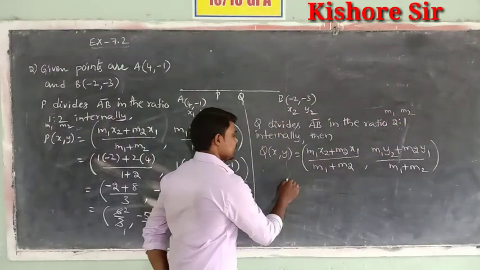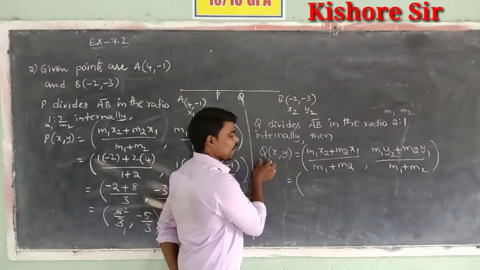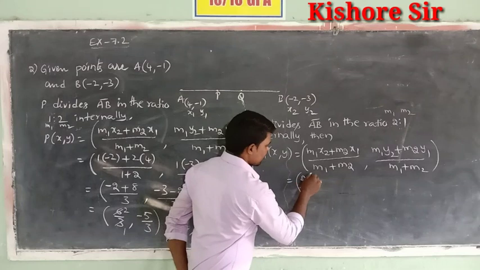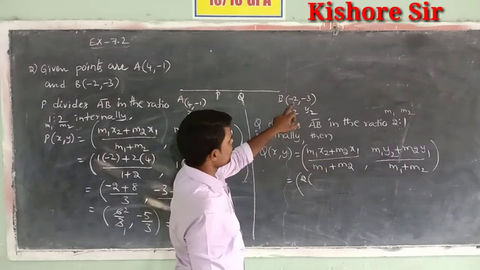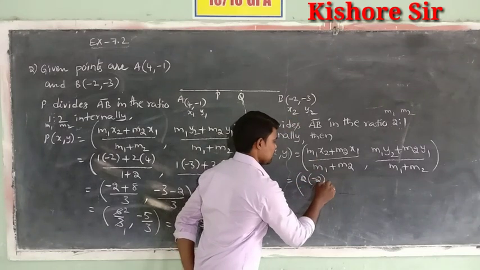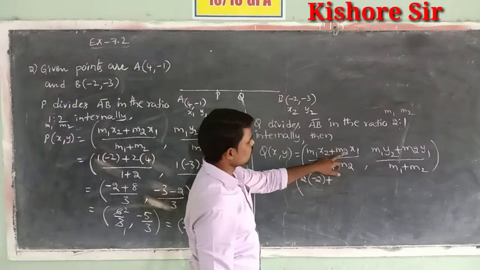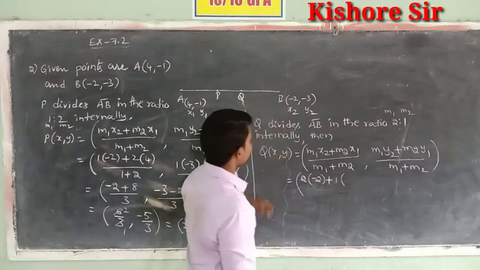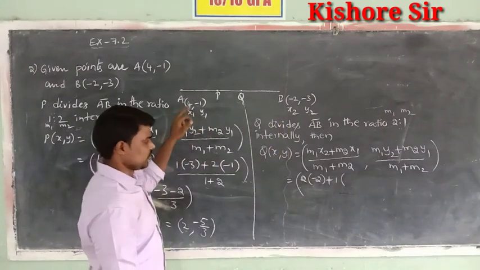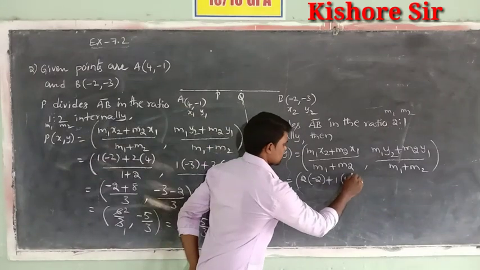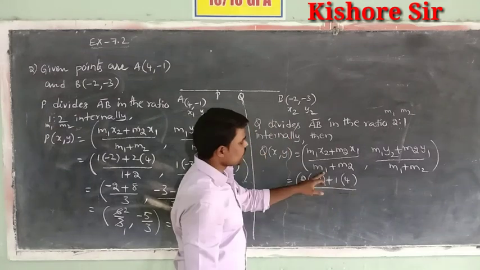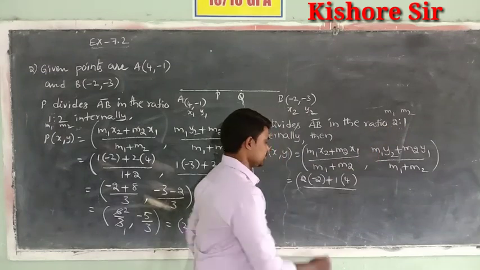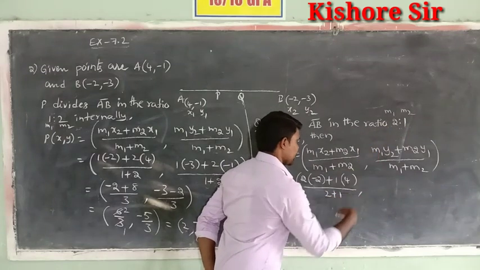So the coordinates of the point Q are m1, 2, into x2, minus 2, plus m2, 1, into x1, 4, by m1 plus m2, 2 plus 1.